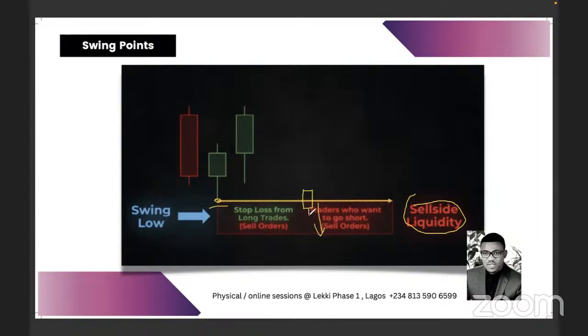So a lot of traders want to put a pending sell order from that swing low area. This is why institutional traders recognize the area under the swing low as the liquidity area. So a lot of money is gathered in that zone under the swing low or above the swing high.